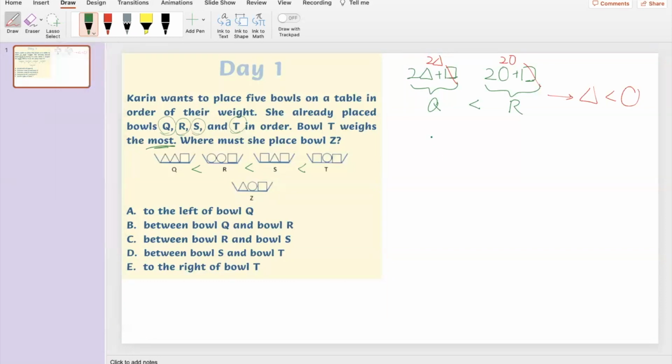So what about Q and S? For Q, we still have 2 triangles, 1 square. And for S, we have 2 squares plus 1 triangle.